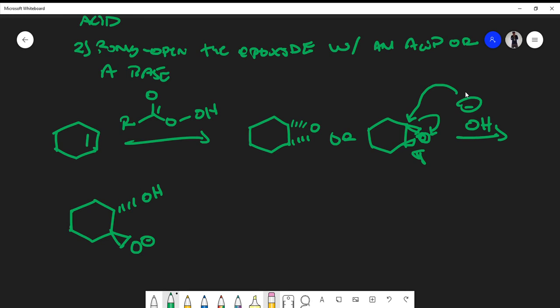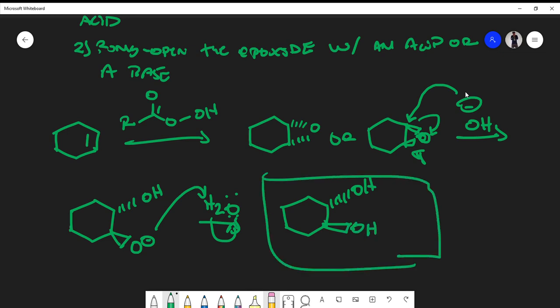In the last step, we pretty much just add another molecule of water. The OH group attacks and displaces the electron on the oxygen. So our final product should be something like this.